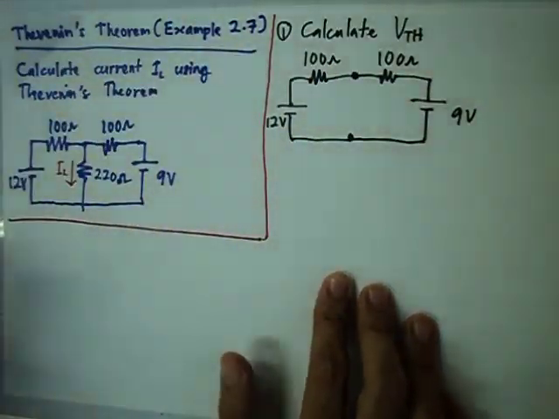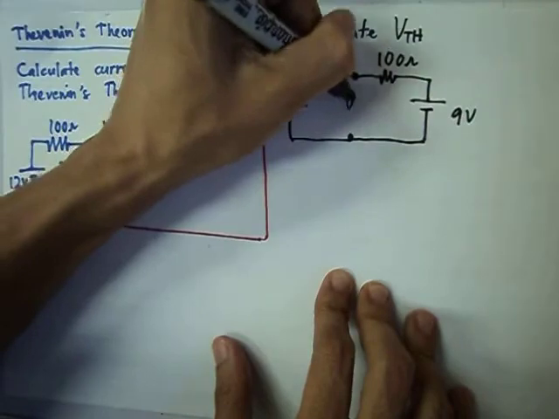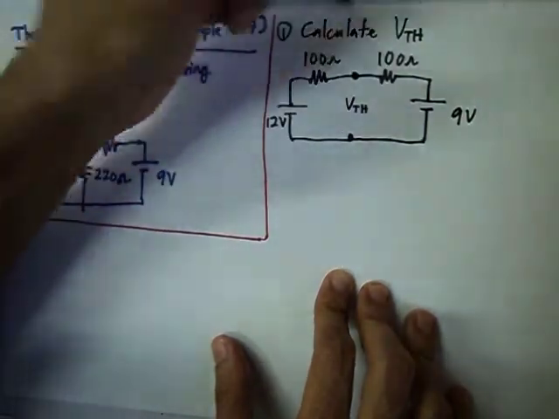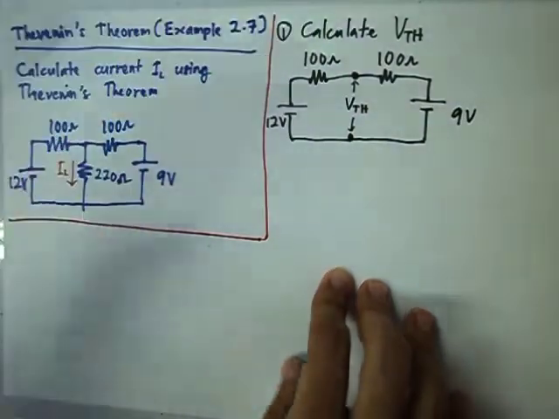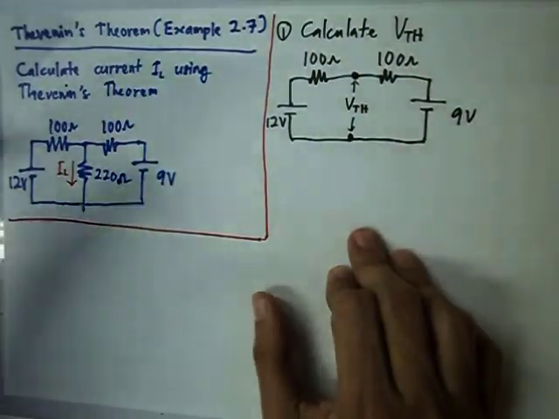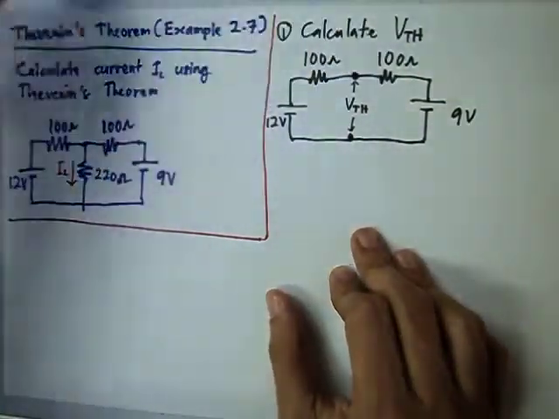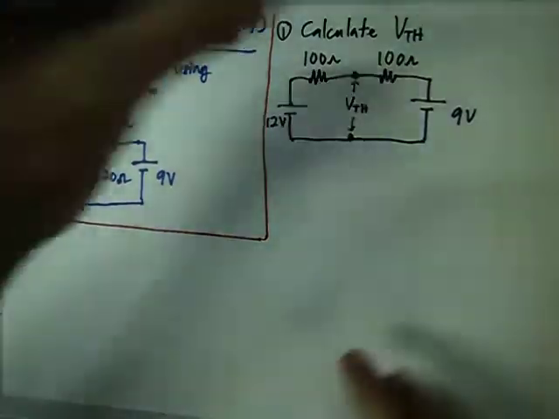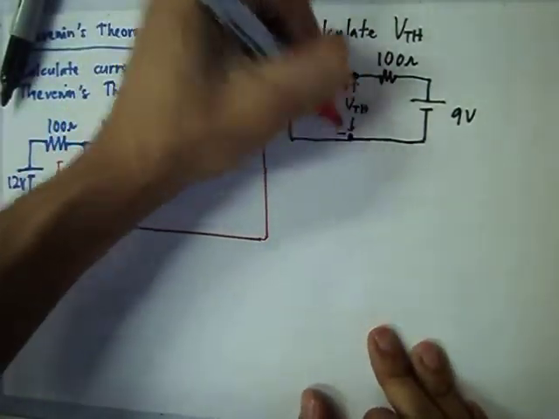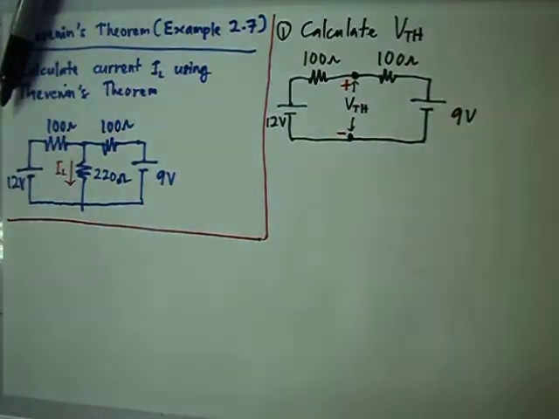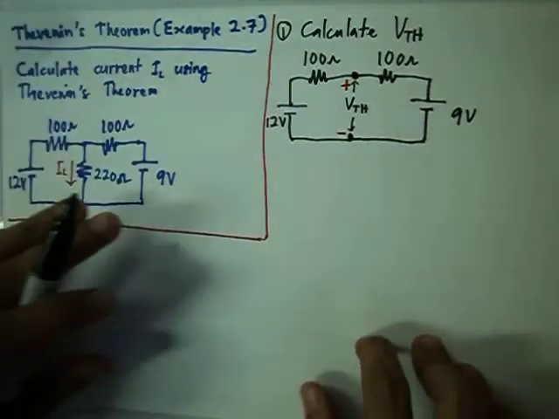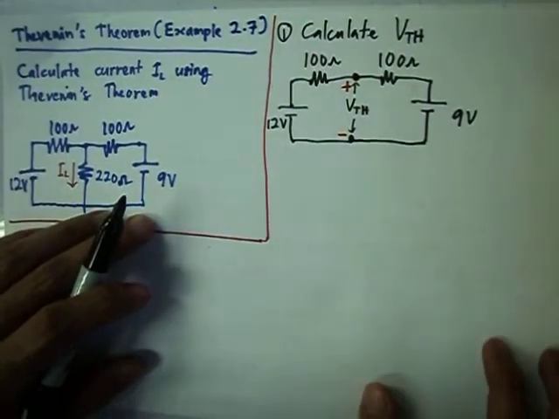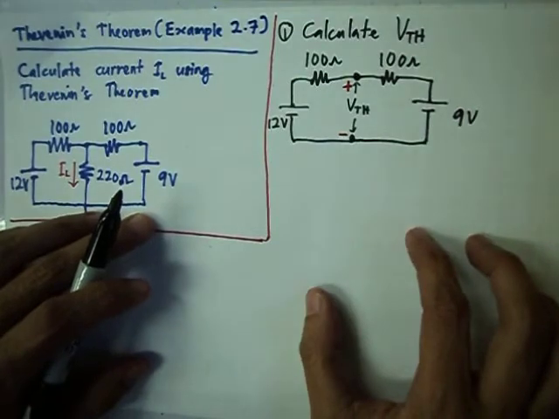Our VTH now is across these two points. I put red color here, so this is the positive and negative of VTH. Now it is quite difficult for us to see what VTH actually is.